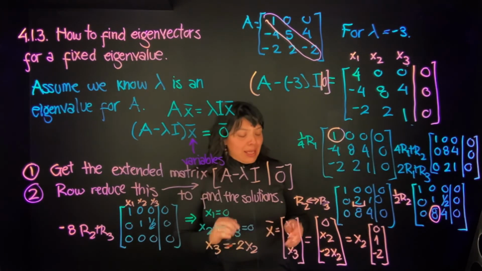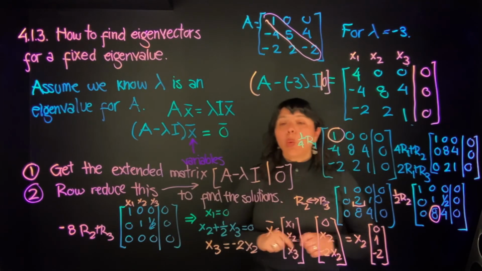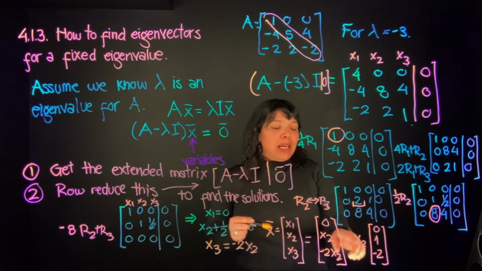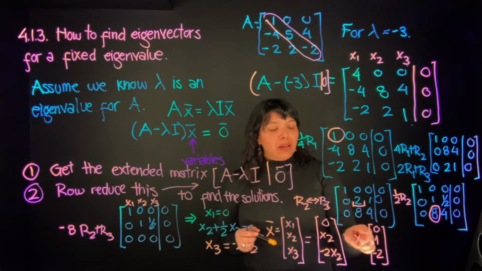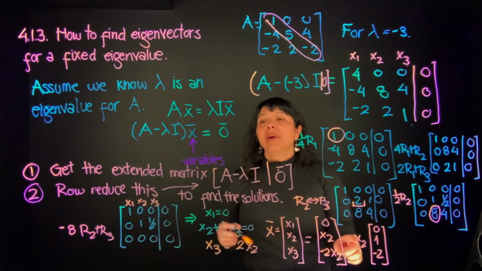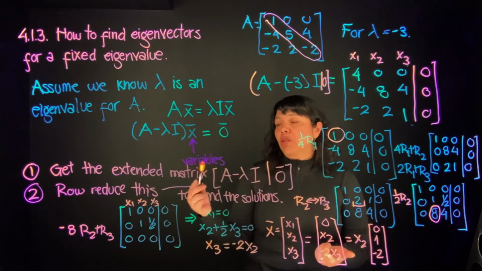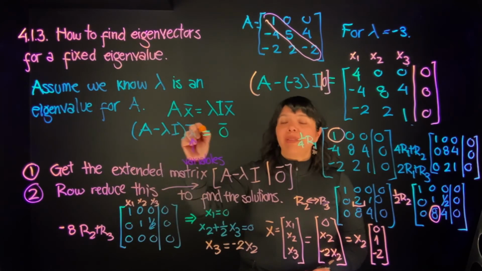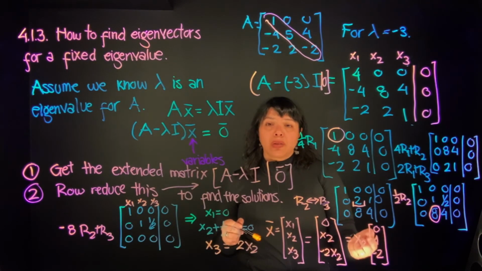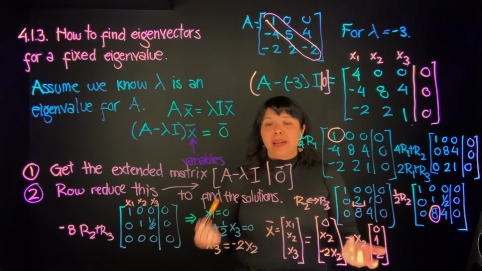Okay, this tells me that one of my vectors is given when x2 is equal to 1, but there are actually many solutions to this system of equations. Each of the solutions is actually an eigenvector.